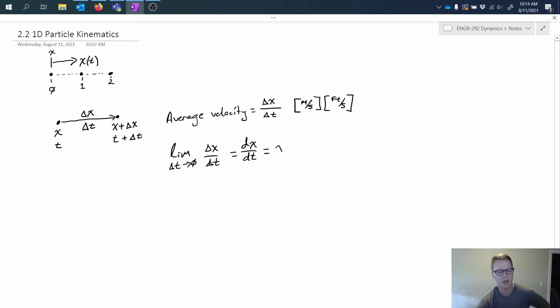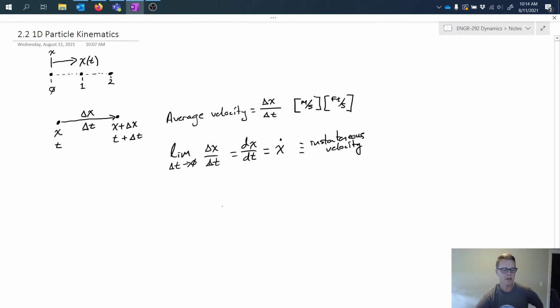Sometimes we would also write this as x dot, where that little dot over the x indicates that I'm taking the time derivative, or the derivative with respect to time. Great, so we've now got a definition of instantaneous velocity that we will make use of.